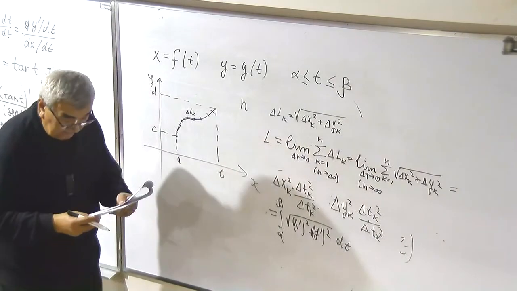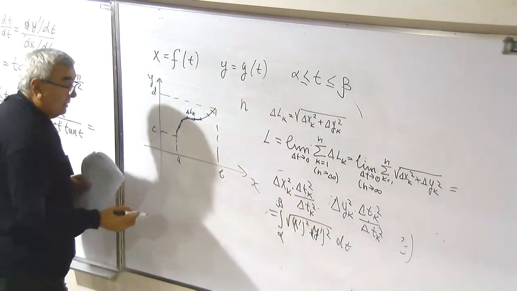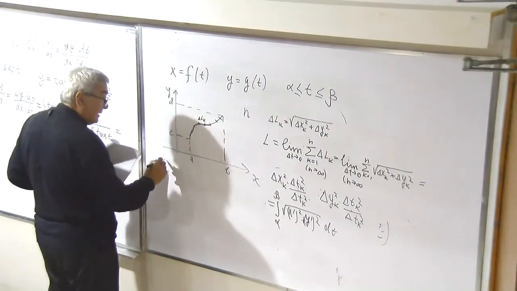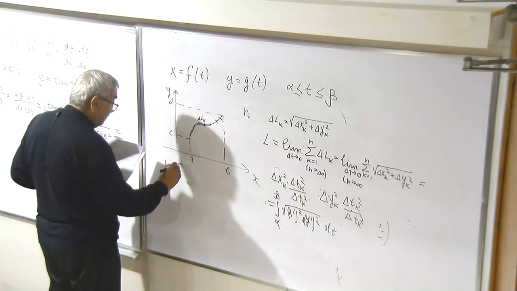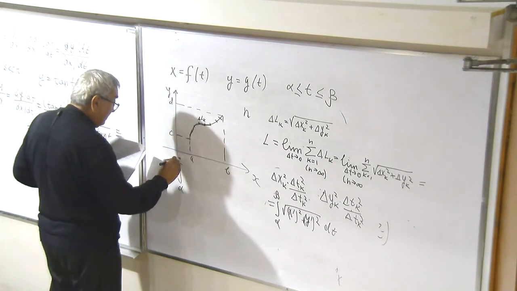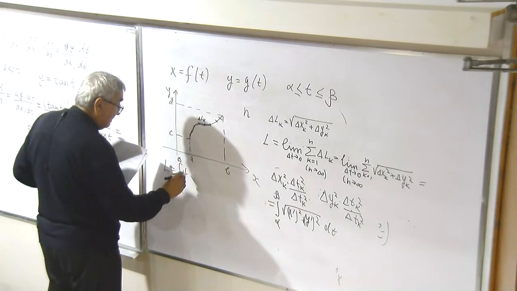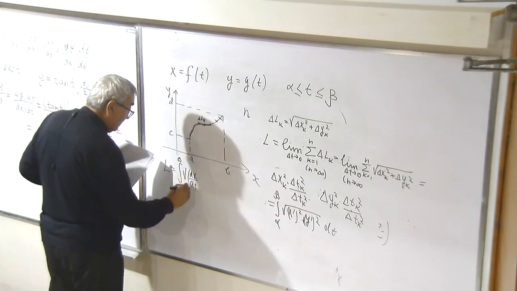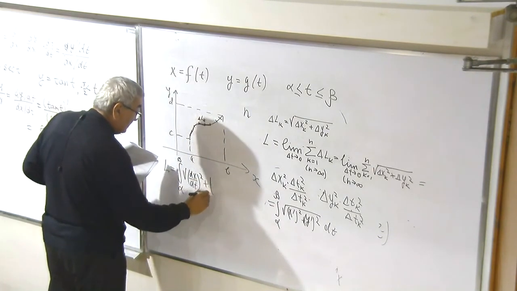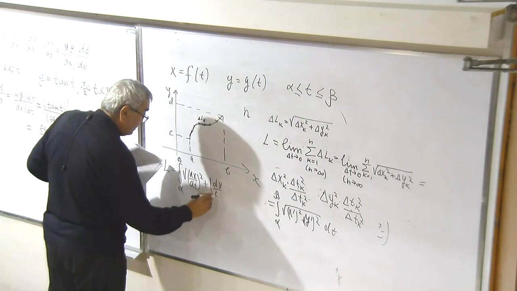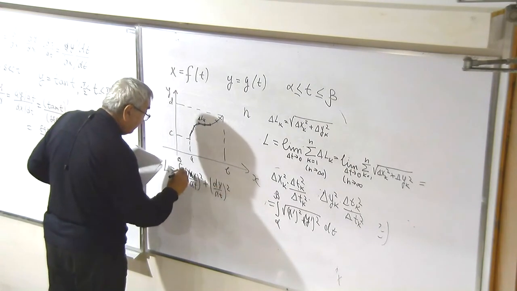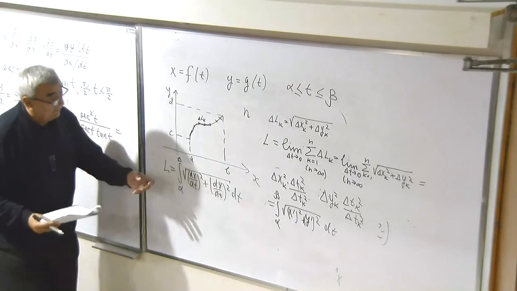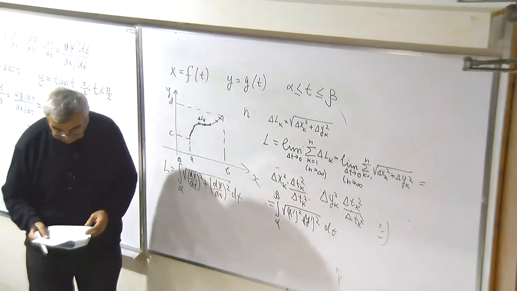Or if you prefer other notation for the derivative, L equals the integral from alpha to beta of the square root of (dx/dt) square plus (dy/dt) square, dt. It is the same.